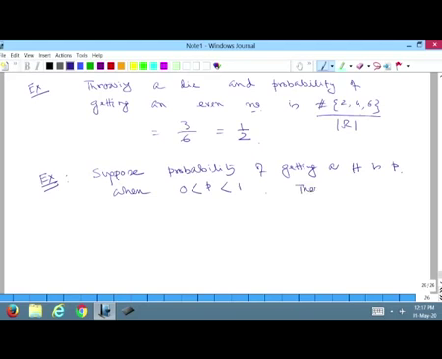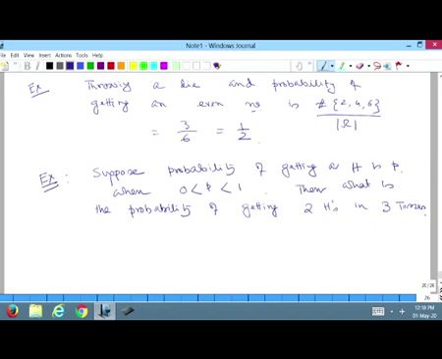Then what is the probability of getting 2 heads in 3 tosses? How to obtain such a probability?